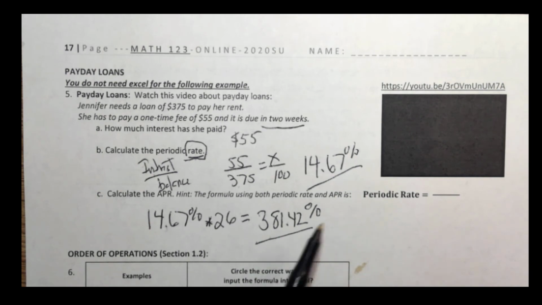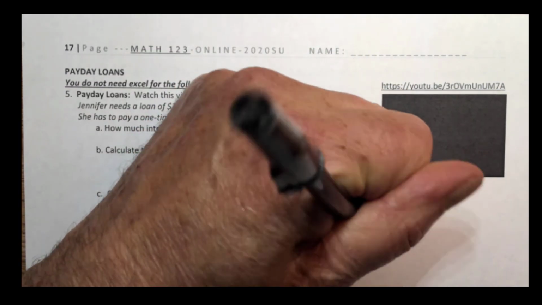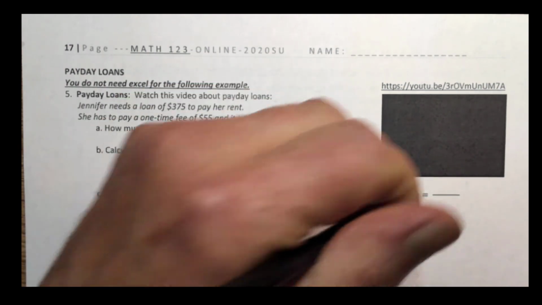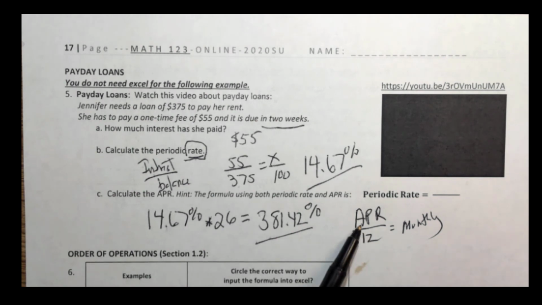Now sometimes some people memorize these formulas, like the APR over 12 will give you the monthly periodic rate, right?